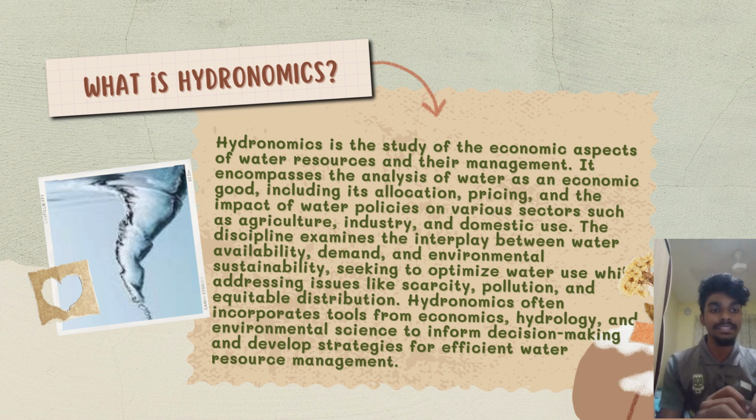The discipline examines the interplay between water availability, demand, and environmental sustainability, seeking to optimize water use while addressing issues like scarcity, pollution, and equitable distribution. Hydronomics often incorporates tools from economics, hydrology, and environmental science to inform decision making and develop strategies for efficient water resources management.